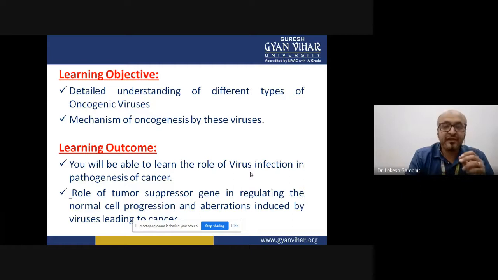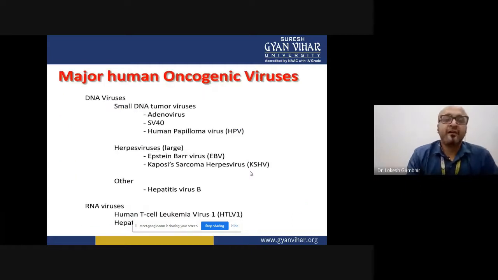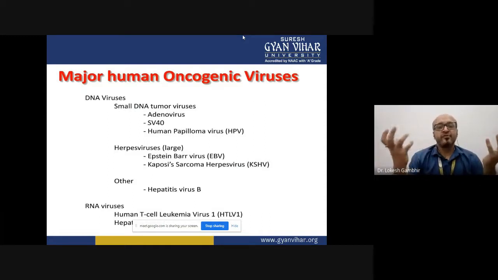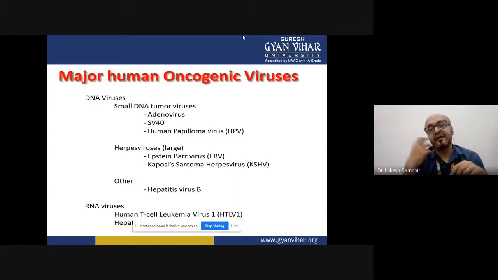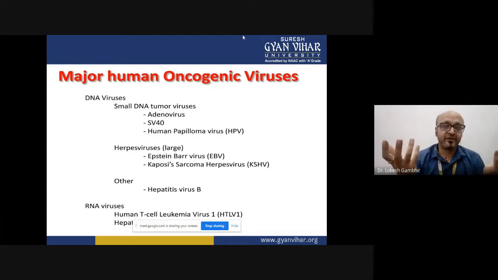So let us begin the discussion by first knowing what kind of viruses these are. The human oncogenic viruses can be categorized into two parts. Viruses have their own genome, which varies: it can be DNA, it can be RNA. We had discussed in previous lectures that viruses may have double-stranded DNA, single-stranded DNA, double-stranded RNA, and single-stranded RNA.